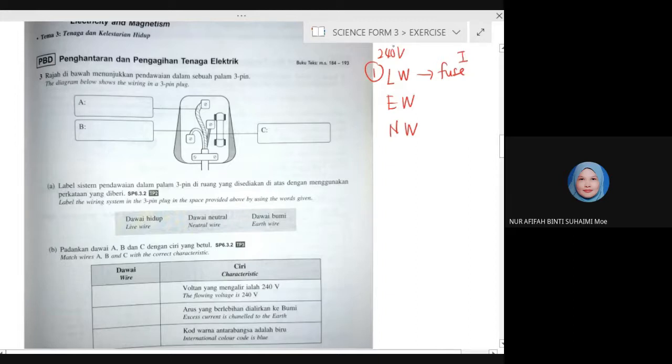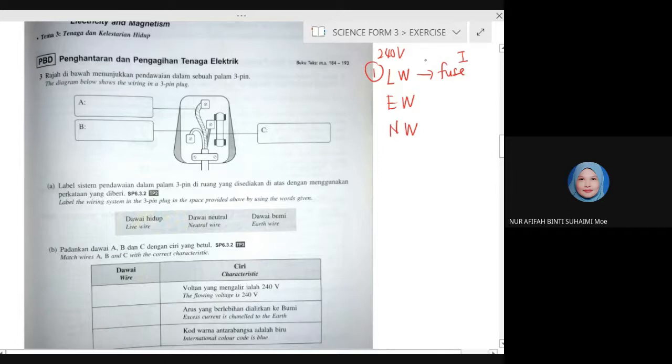And just now I said voltage. So if voltage is high, current is high. Okay, if voltage is high, current is high. So fuse is to control current. Okay, to make sure that if the voltage exceeds 240, the current will also exceed.